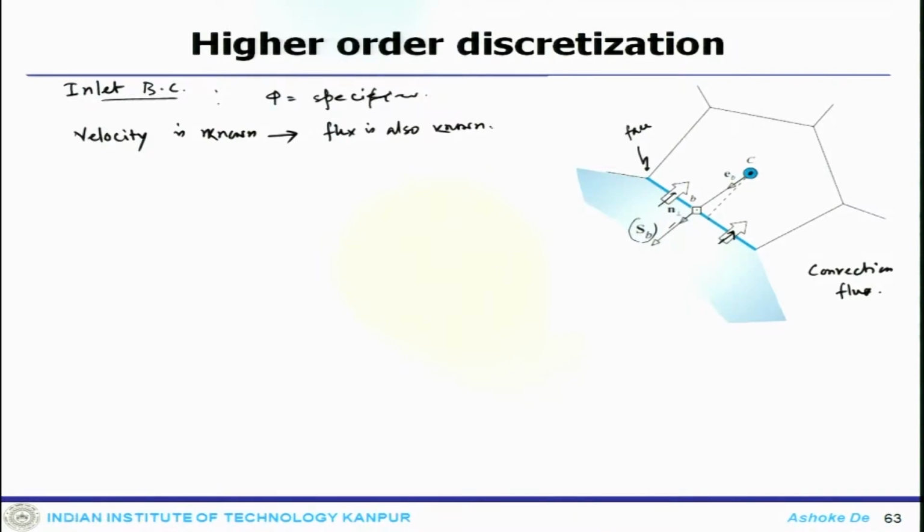Now, once you look at the discretized equation, this would be F1 NBC rho V dot S F1 equals minus rho V dot S B phi B, which is minus m dot B phi B.